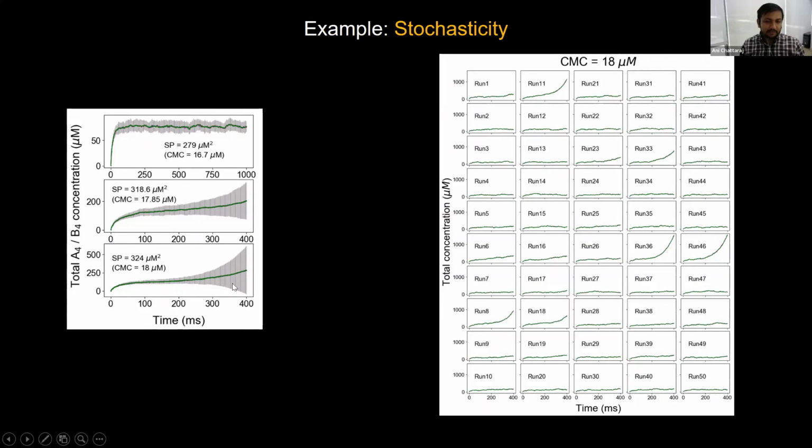If you take the fluctuation bar into account, you can see something interesting is happening. But once you inspect the individual trials, you see that something really interesting is going on: some of the runs, or some of the trials, are going up exponentially as a function of time. This is the total concentration of A and B as a function of time.